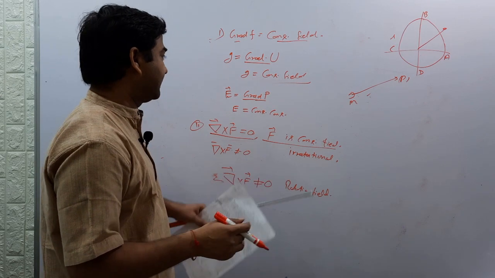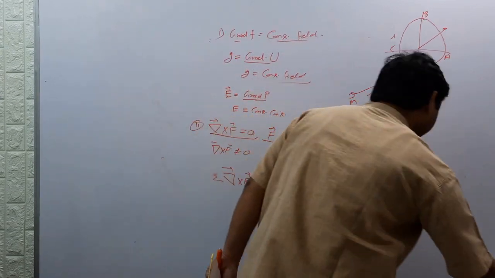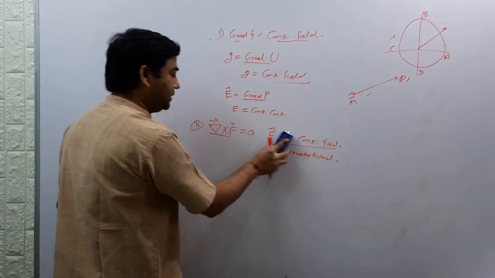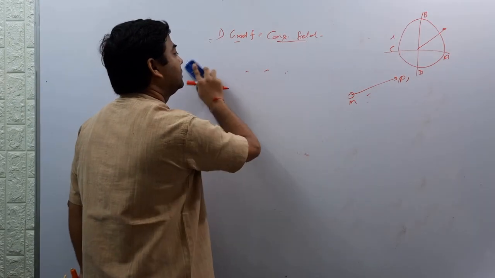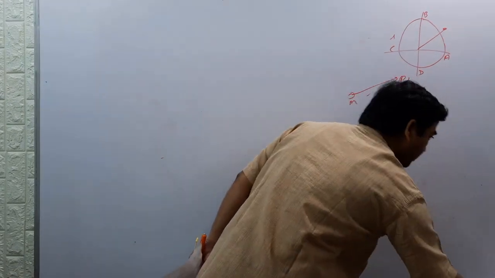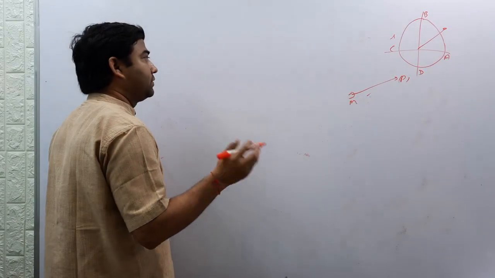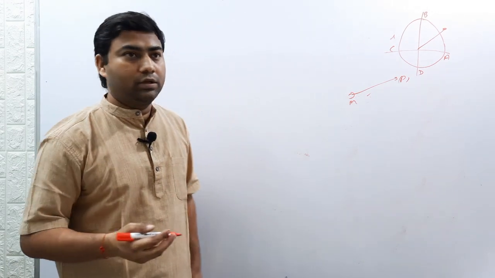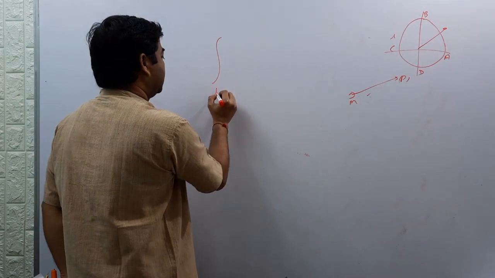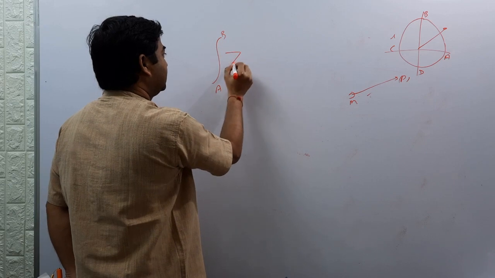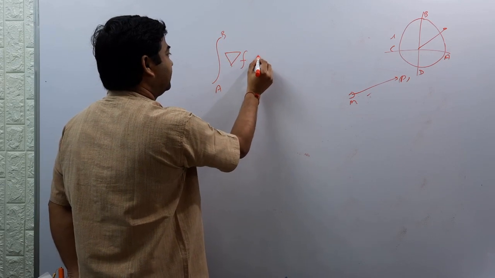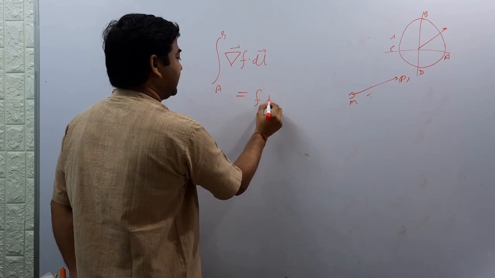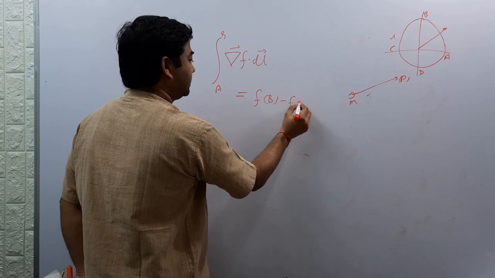So that is the main principle, the main theorem of line integration, and also the fundamental theorem of vector calculus, that is, the integral of grad f dot dl is equal to f(Q) minus f(P).